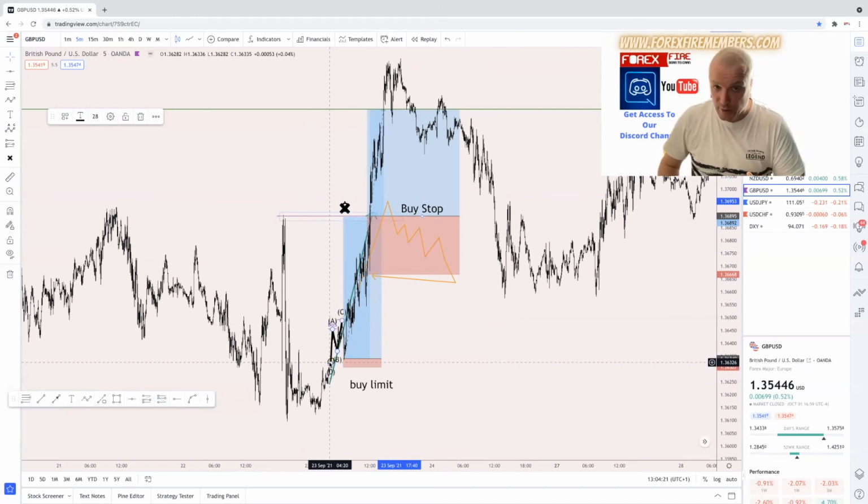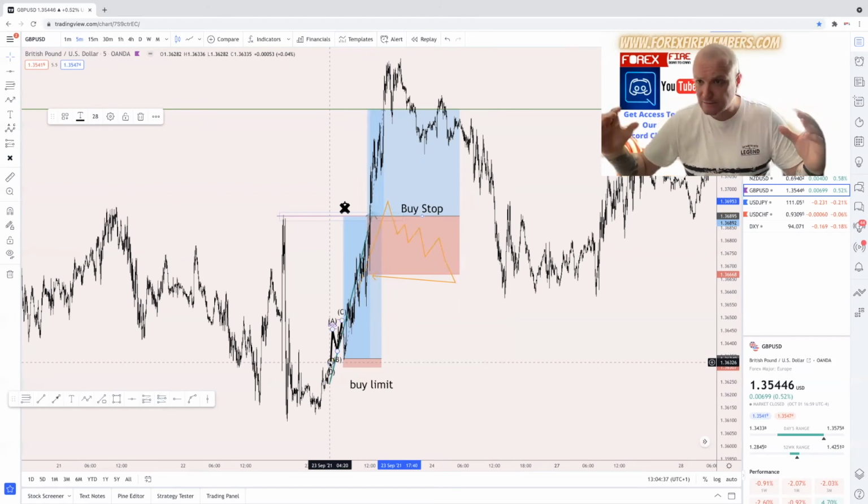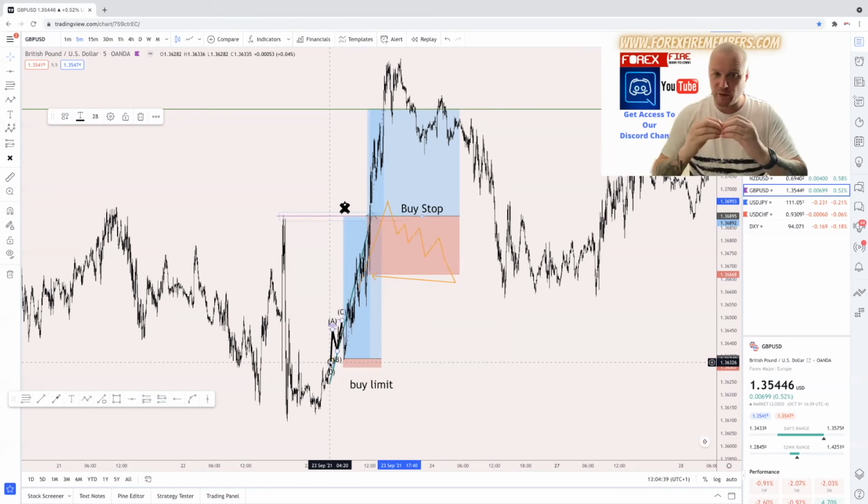A stop order, whether it is a buy or a sell stop, you have an area of importance where price is not yet met and you are expecting price to crash through the wall. Okay, if you just imagine stop orders are a wall that you are expecting to smash through and continue in trend.